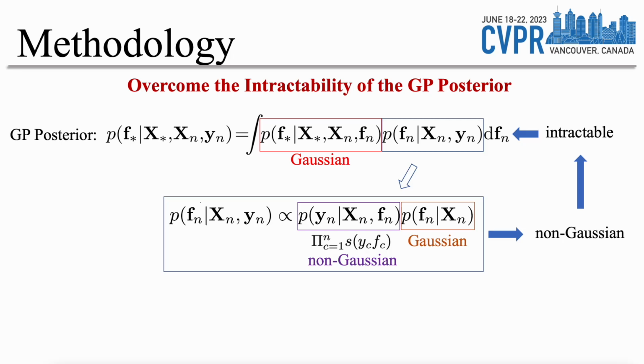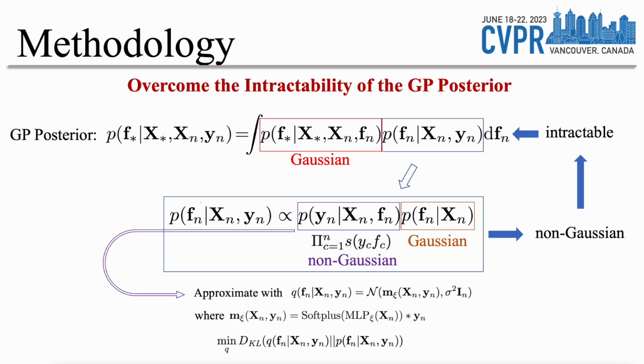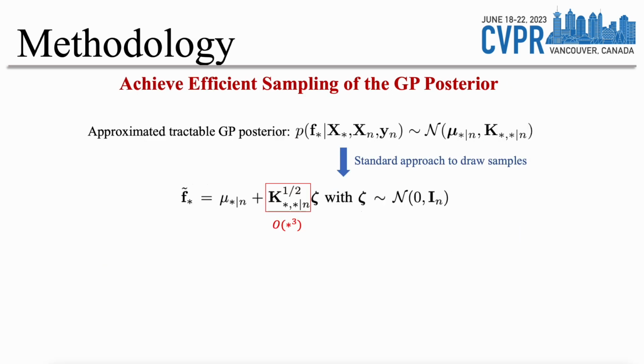Therefore, we propose to approximate the non-Gaussian part with a Gaussian probability Q, with its mean m_c defined like this. We need to minimize their KL divergence, and we will add this term to the final loss. Now we can derive an approximated tractable GP posterior which is Gaussian.